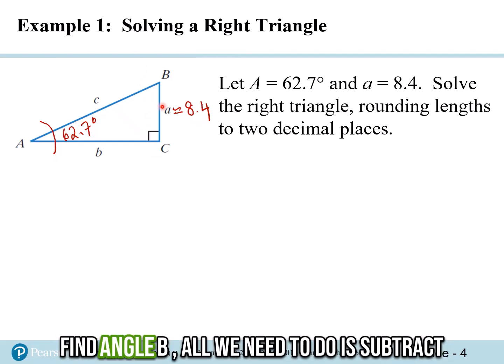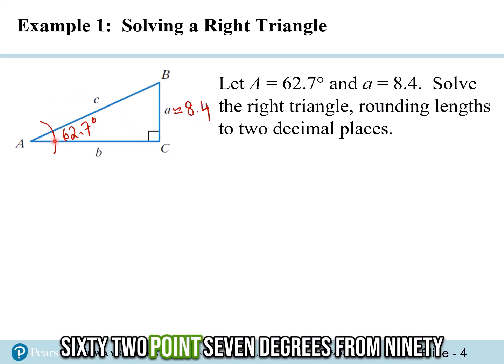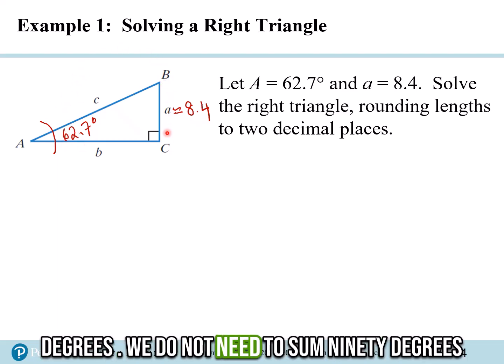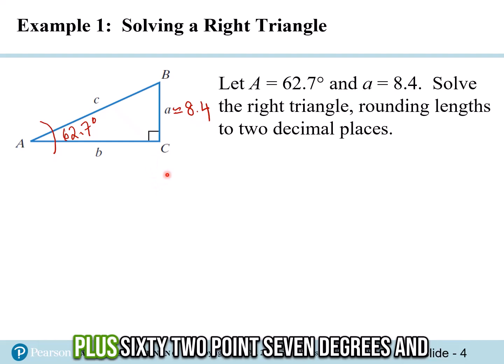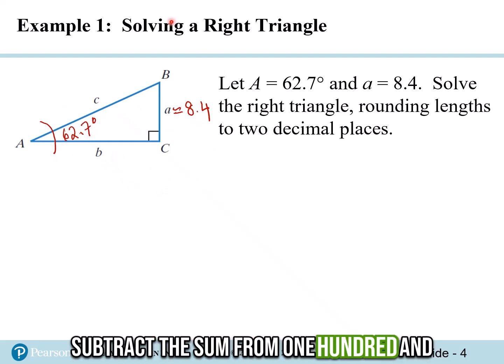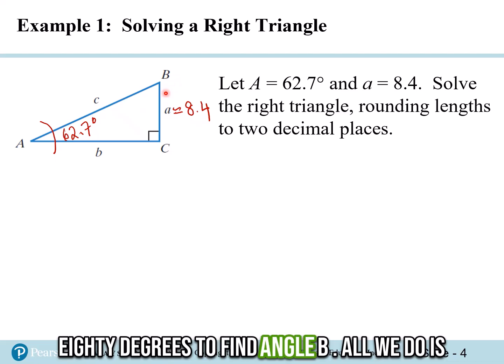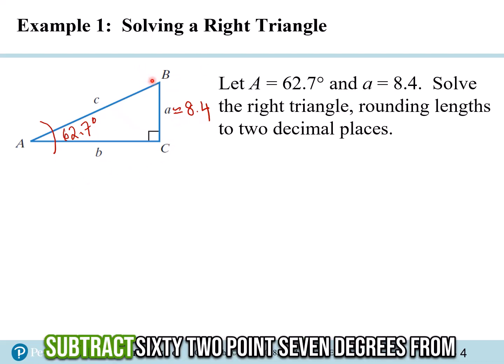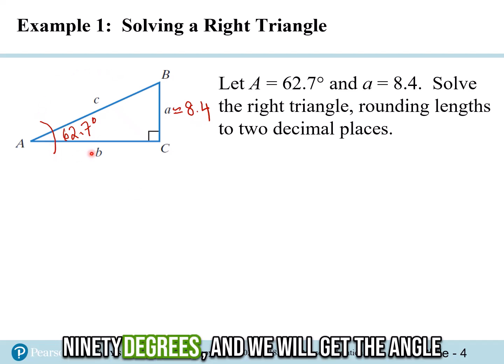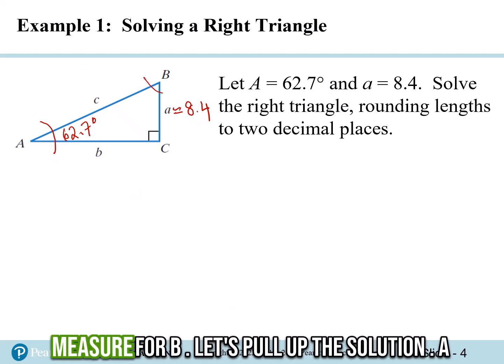Therefore, to find angle B, all we need to do is subtract 62.7 degrees from 90 degrees. We do not need to sum 90 degrees plus 62.7 degrees and subtract the sum from 180 degrees to find angle B.